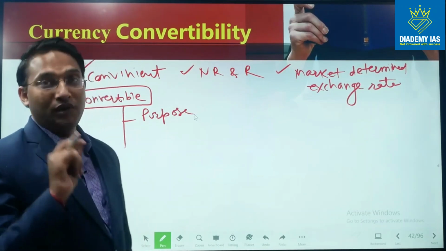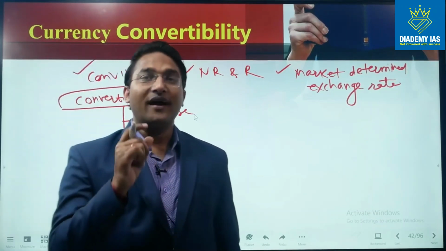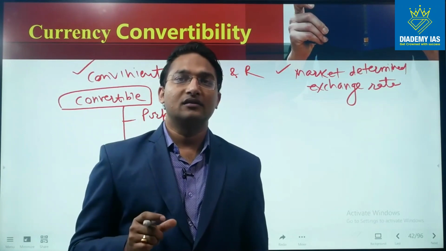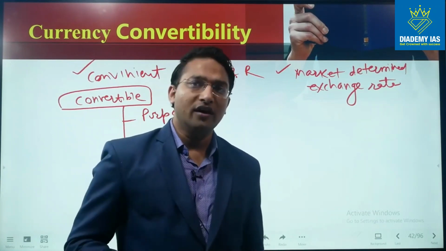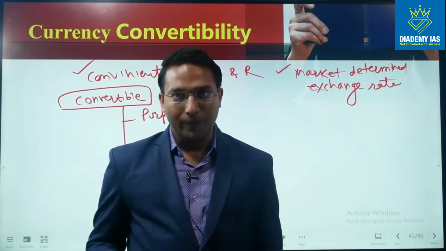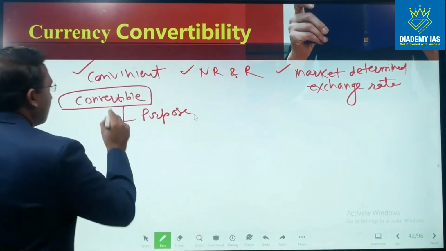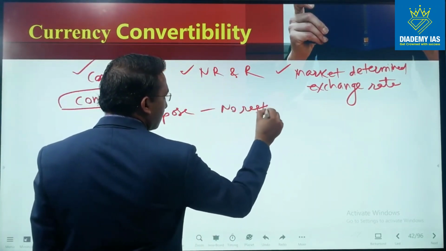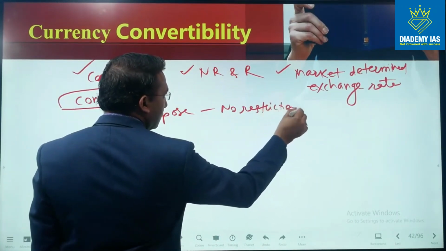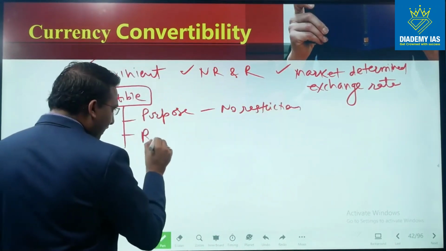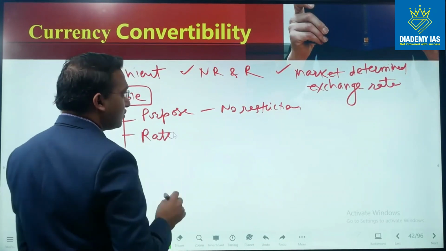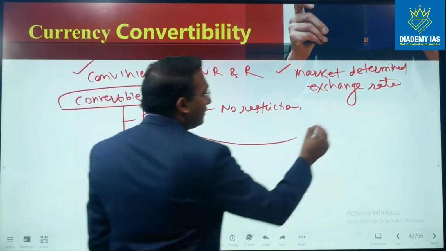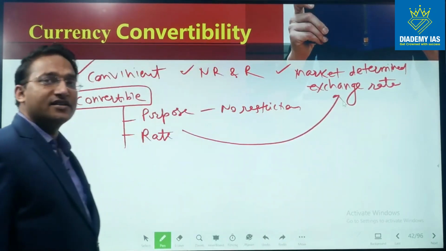No one will ask me what is the purpose of converting the Indian rupee into the US dollar or the US dollar into the Indian rupee. There is no restriction on the purpose. There is no restriction on the exchange rate, which means the exchange rate is determined by the market itself.